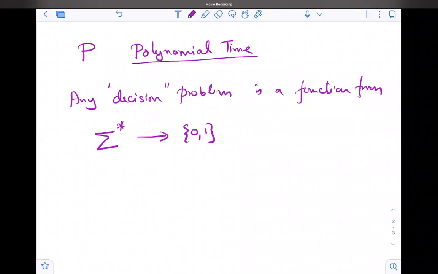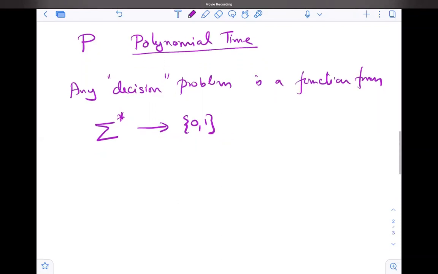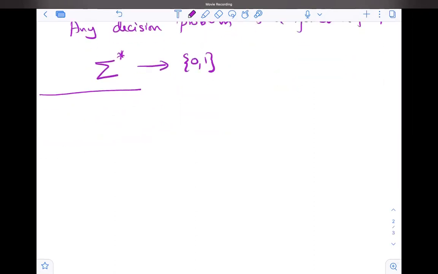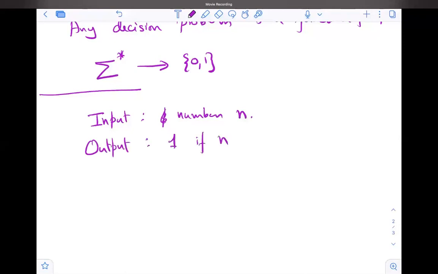Before I go into the formal definition of P again, let me give you some examples. Let me start with an example. Say the input is a number n, and the output is 1 if n is prime.